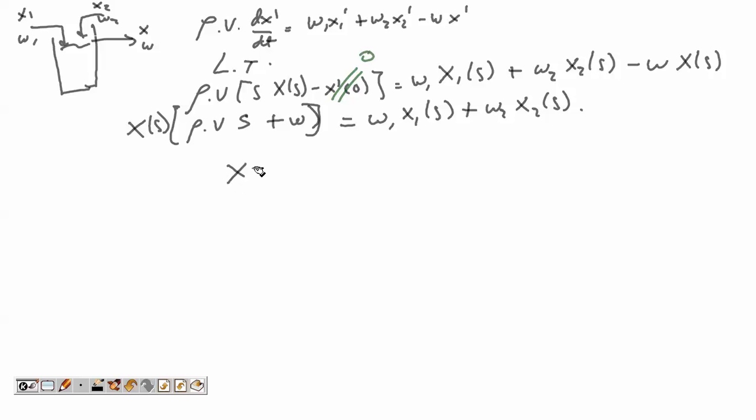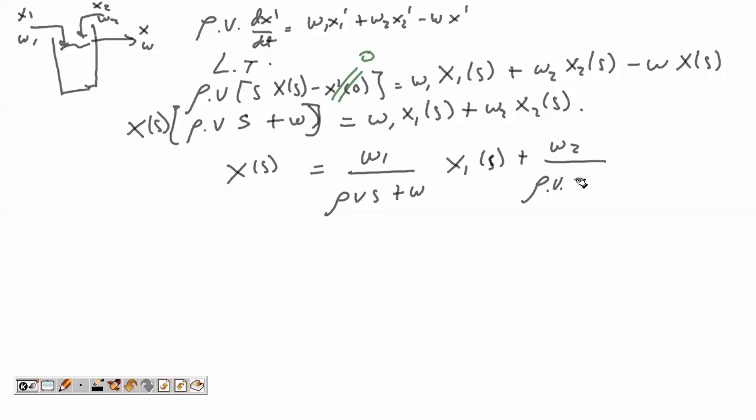So X(s) is W1 over (rho V s plus W) times X1(s) plus W2 over (rho V s plus W) times X2(s).